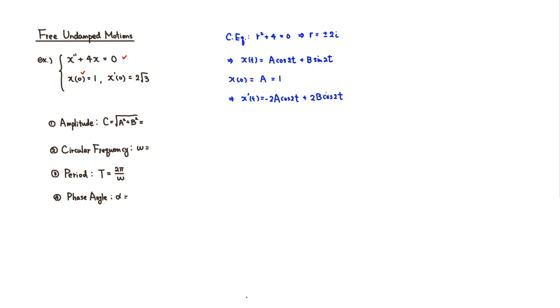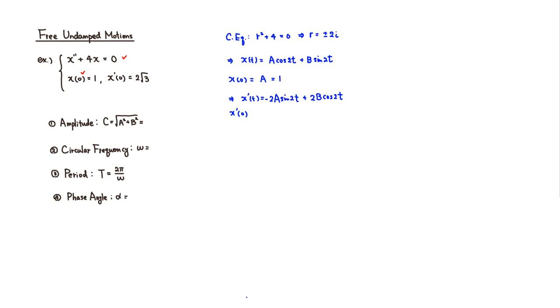Actually, I messed it up. Sorry, the derivative of cosine is going to be sine, so it's going to be sine here. Sorry about that.